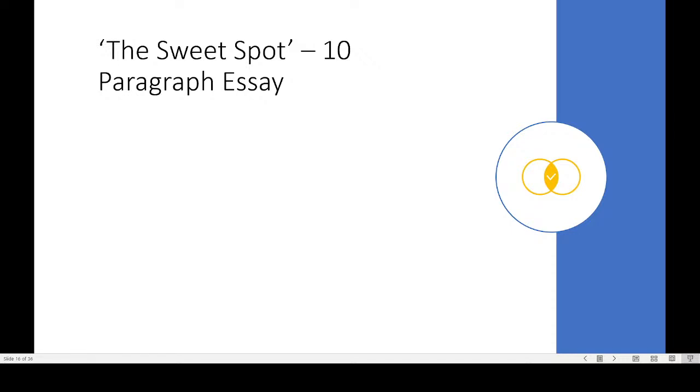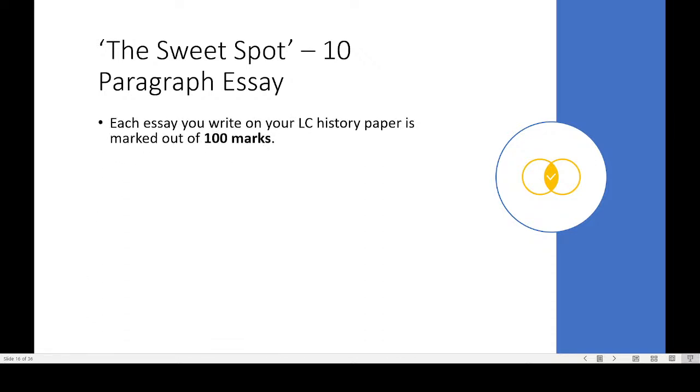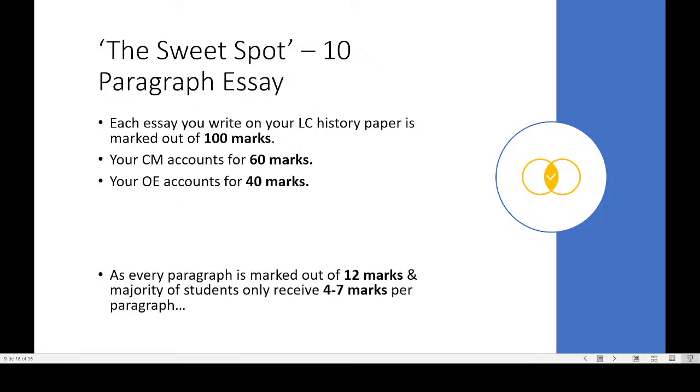Each essay that you're going to write is marked out of 100 marks. Your CM accounts for 60 marks and your OE accounts for 40 marks.